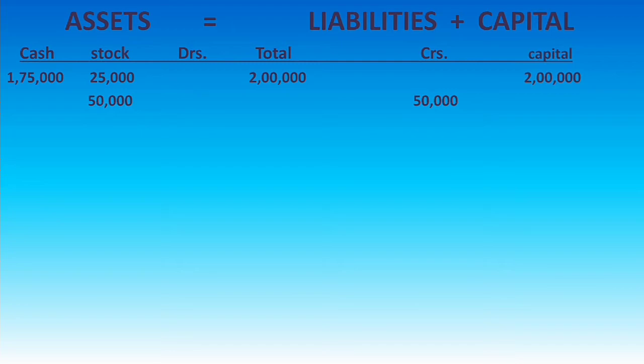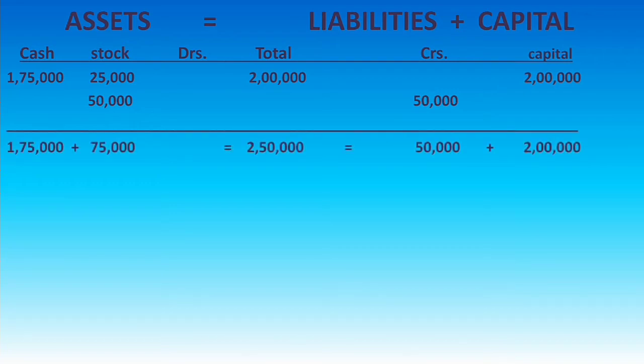So we can write 50,000 in the creditors column. Now the balance is cash 1,75,000, stock 75,000. Total of assets 2,50,000. Creditors 50,000 and capital 2 lakh. Here also total of assets is equal to liabilities plus capital.